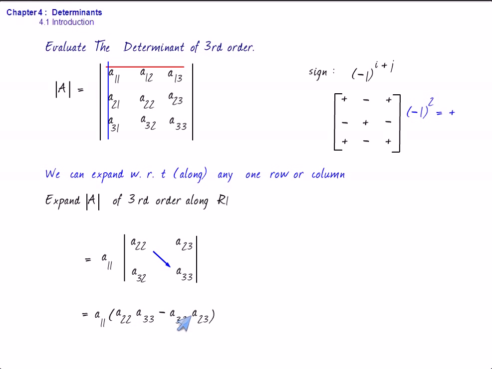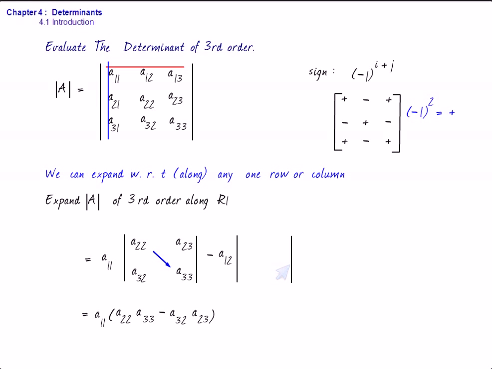So we take A11 times the determinant of second order obtained by deleting the row and column through A11, then minus times. You know that we have alternate plus, minus, plus. So minus times the second element of the first row, A12. Again you delete the row and column through A12. So what do you get by deleting the elements through A12?